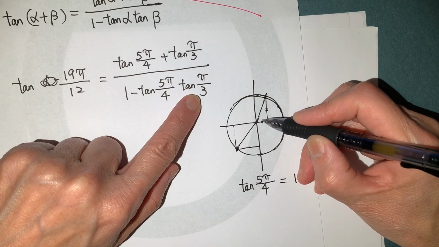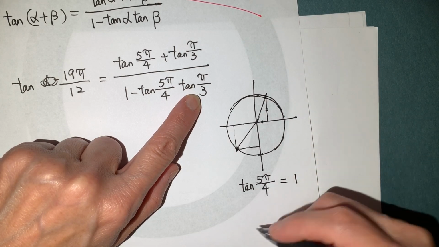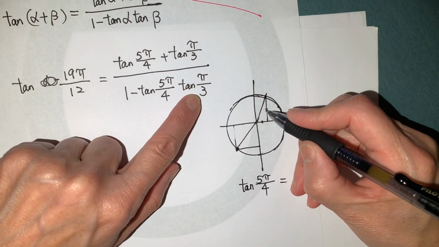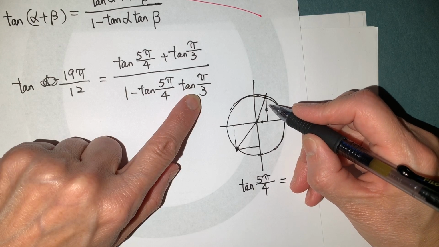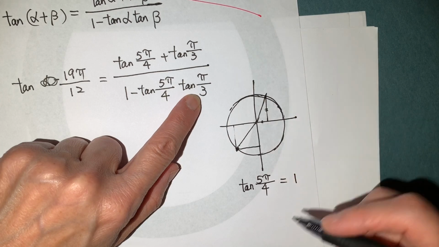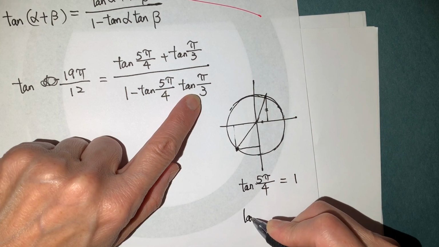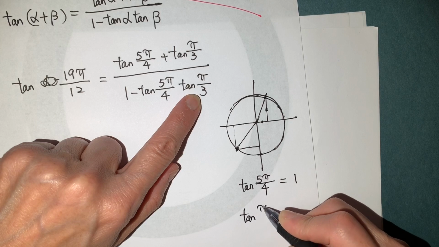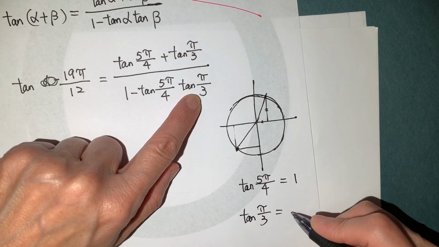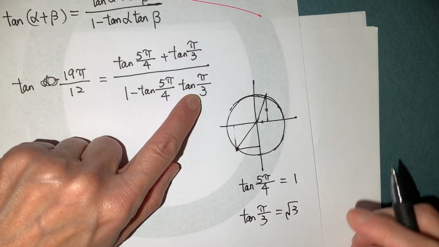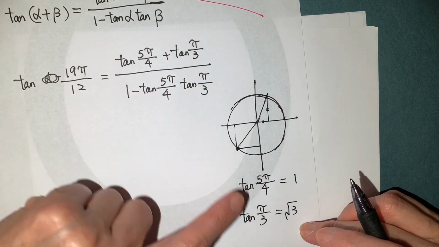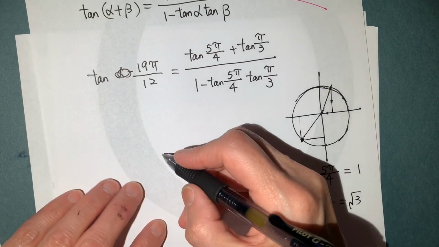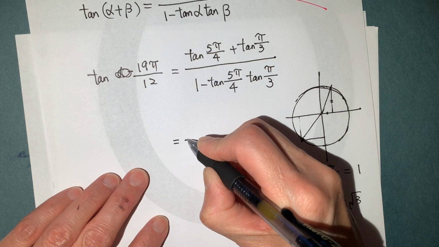We can think like this: this one is actually root 3 over 2, and this one is half. So tangent pi over 3 is root 3. So we know these two values, and right now what we need is just to plug in.